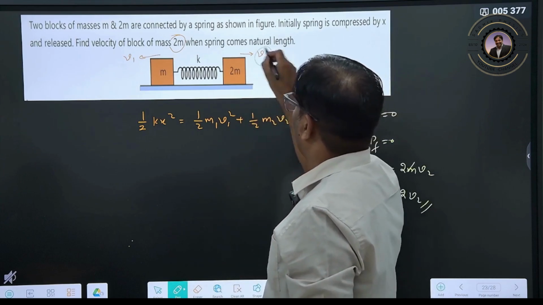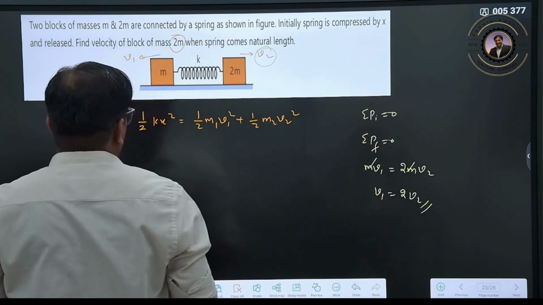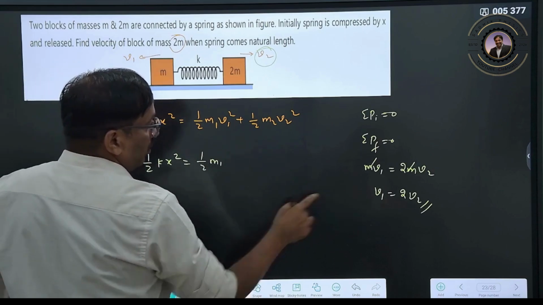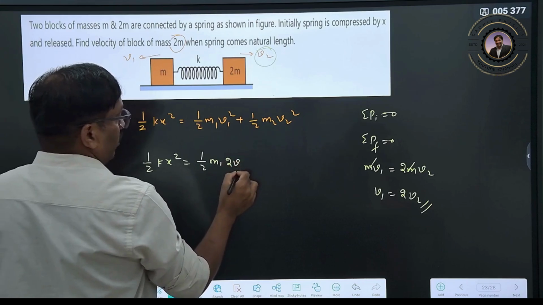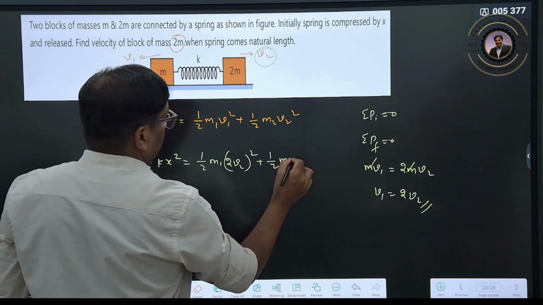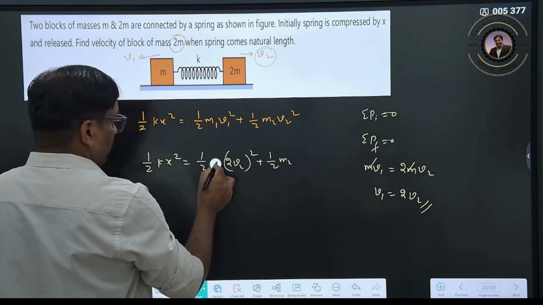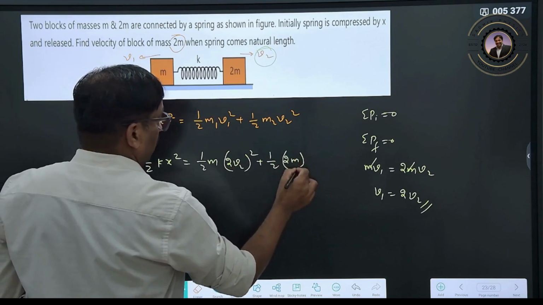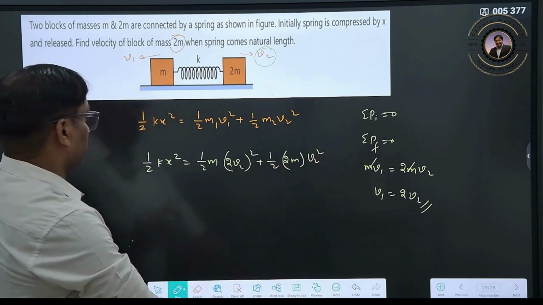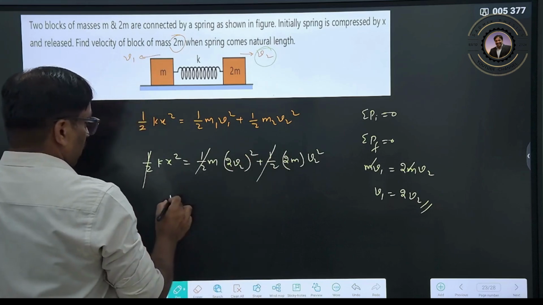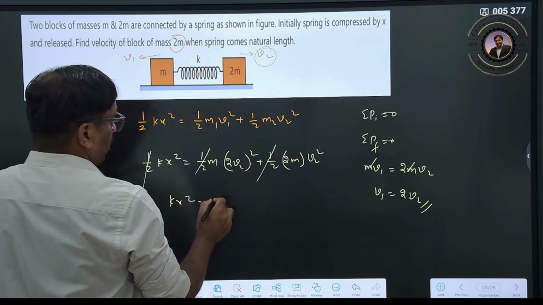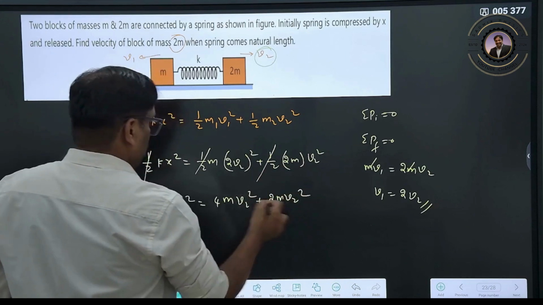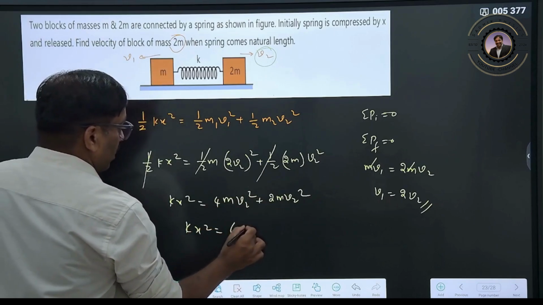Now we want to calculate V2 only, so substitute this in the energy equation. 1/2 k x square equals 1/2 m1 (2v2) whole square plus 1/2 m2 v2 square, where m1 is m and m2 is 2m. Clear? The 1/2 cancels out, therefore k x square equals 4m v2 square plus 2m v2 square, so k x square equals 6m v2 square.